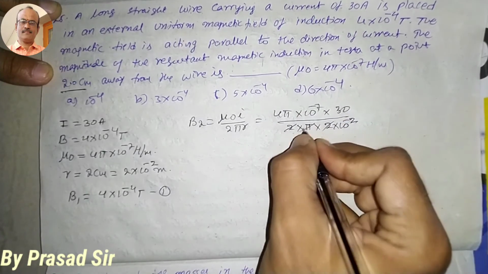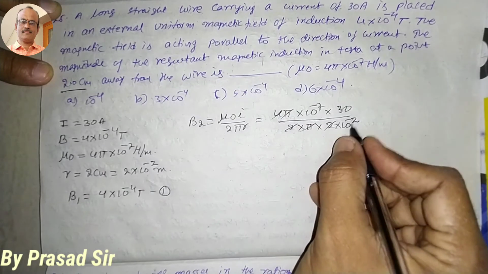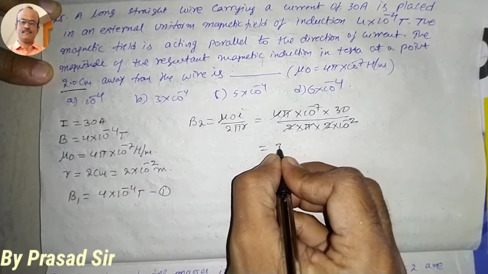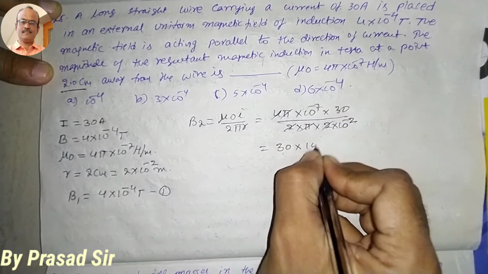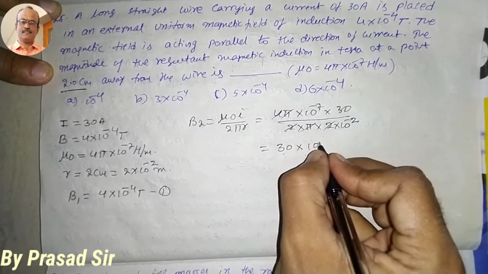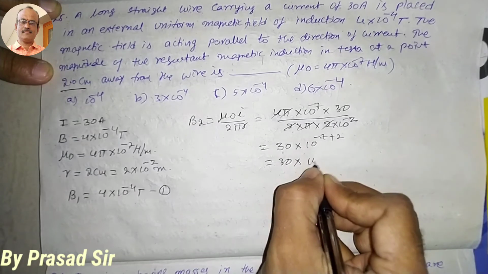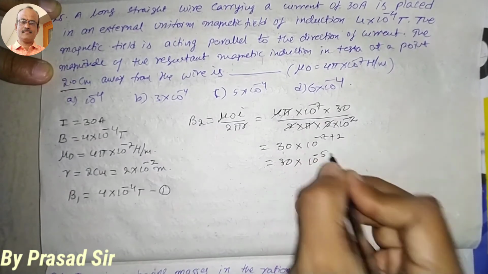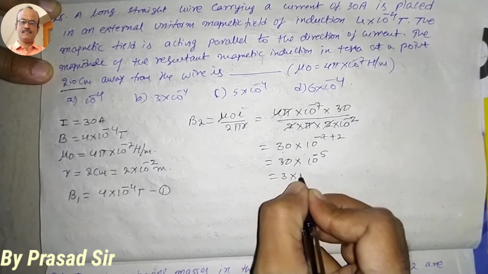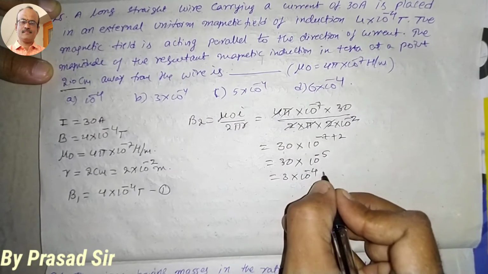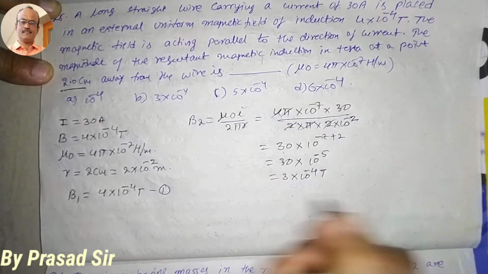Here 2 cancel, pi 4 cancel, and here that is 30 into 10 to the power of minus 7 plus 2. So 30 into 10 to the power of minus 5 or 3 into 10 to the power of minus 4 Weber per meter square or Tesla.